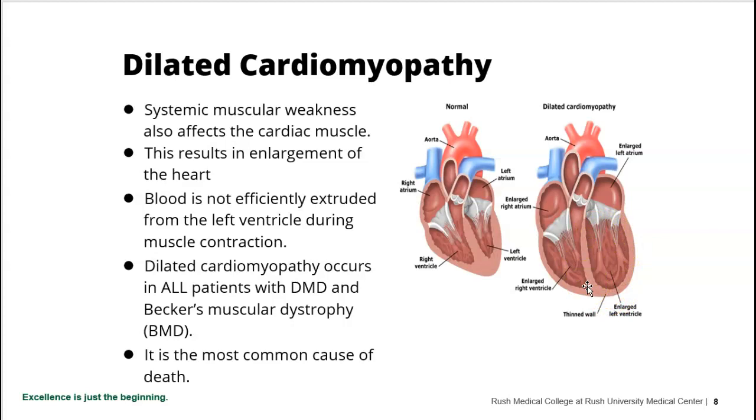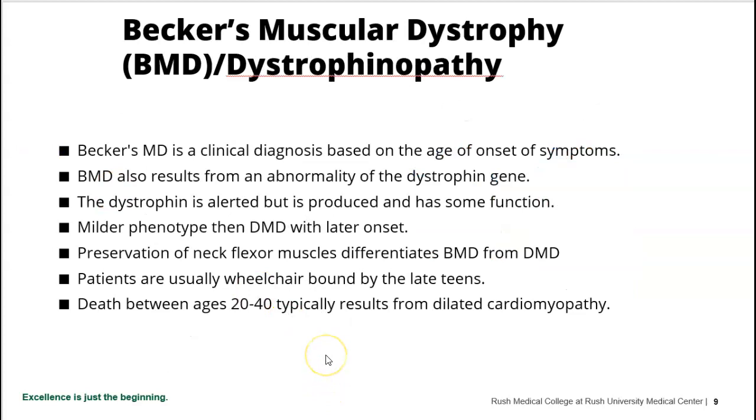When that doesn't happen, the blood isn't flowing correctly. Dilated cardiomyopathy occurs in all patients with Duchenne's and Becker's, and it's the most common cause of death. So the muscle weakness is not what kills these individuals, it's the enlargement of the heart.